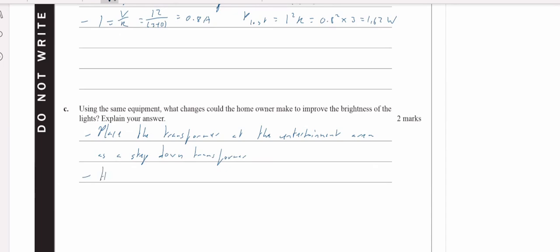So we get high voltage transmission, less power loss.